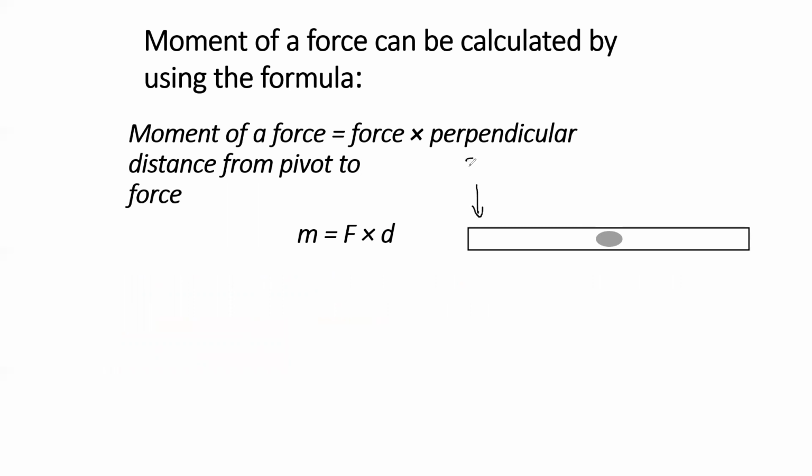A force of 5 Newton is at a distance of 4 meters, and another force of 5 Newton is also at a distance of 4 meters from the pivot. Let's say this is force A and this one is force B, FA and FB.